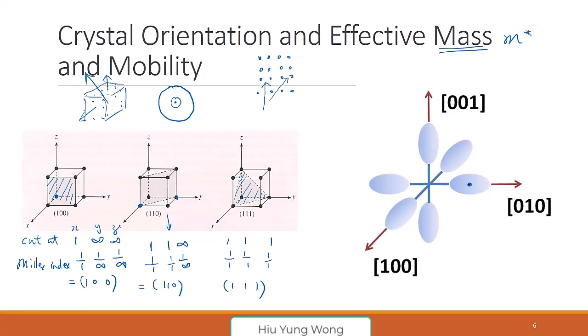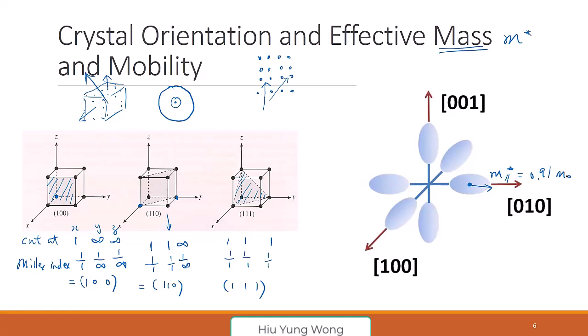If the electron is here, going in this direction, it is called the longitudinal mass. It's about 0.19, I think. Yeah, 0.19. No, sorry, this is not the longitudinal. Maybe I have a label problem. This is longitudinal, but this is a heavy one, 0.91 electron mass.